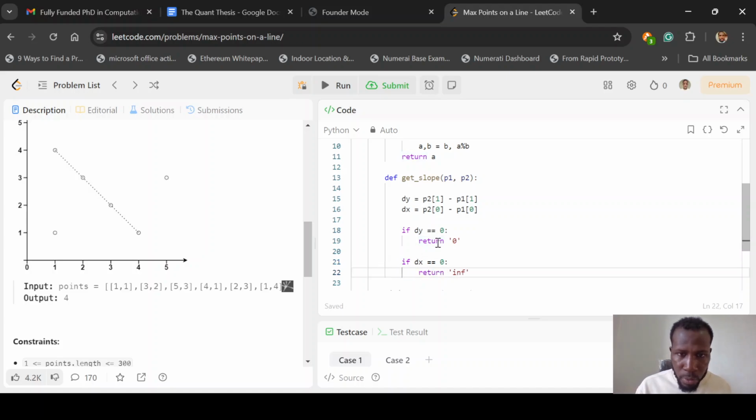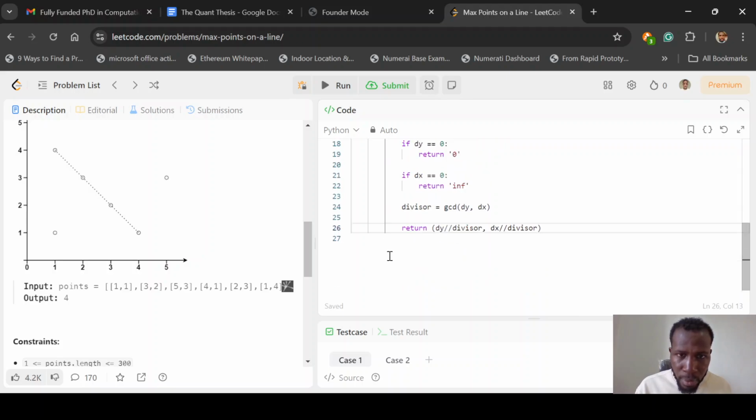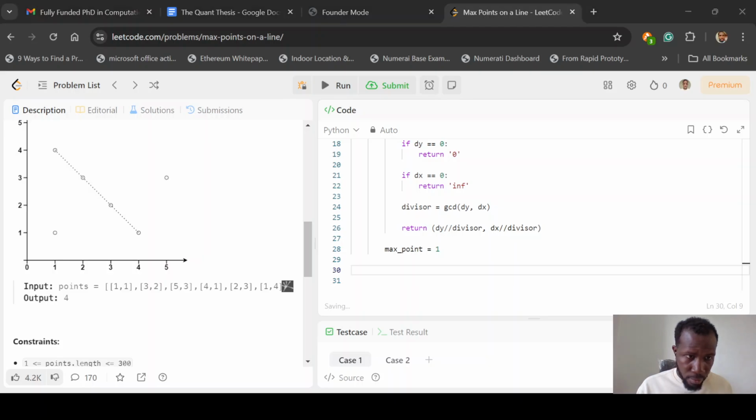If the x is equal to 0, we return this. These are the vertical, then we return this. Then our maximum point is equal to 1. And then we just type this thing here.